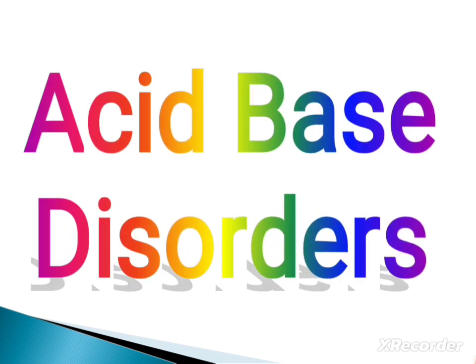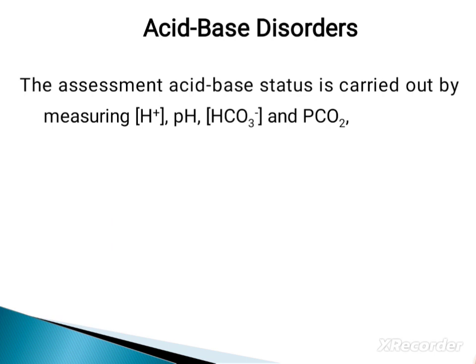So, let's start the acid-base disorder. The assessment of acid-base disorder, I have already mentioned, is carried out by measuring actually three things: hydrogen ion concentration or pH, bicarbonate, and partial pressure of carbon dioxide. From these parameters, keep in mind bicarbonate is always related with metabolic activity.